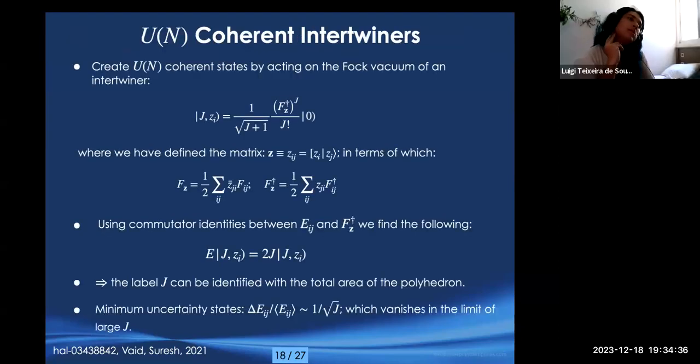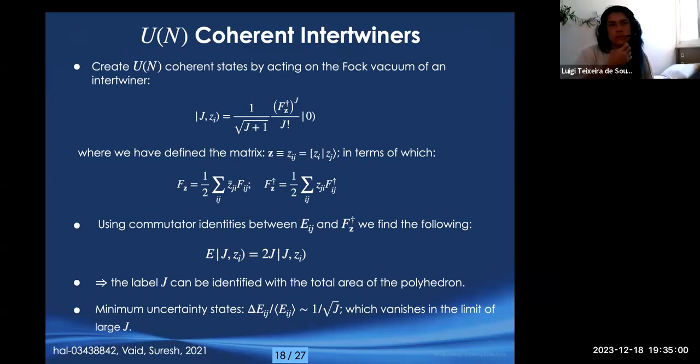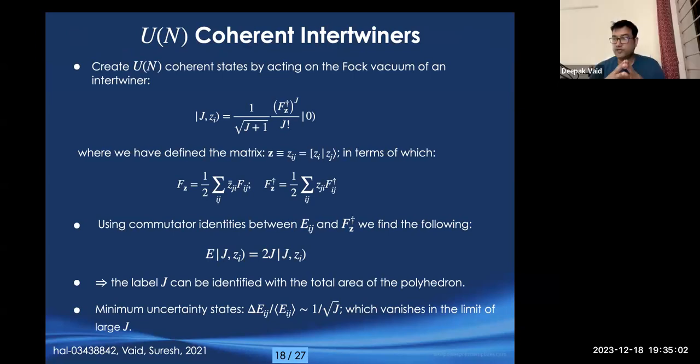Although it takes a while to vanish, right? 1 over square root takes a while to vanish. Well, what's the smallest possible value of J? The smallest closed polyhedron you can construct is a tetrahedron. So for that, J would be 1/2, 1/2, 1/2, 1/2.